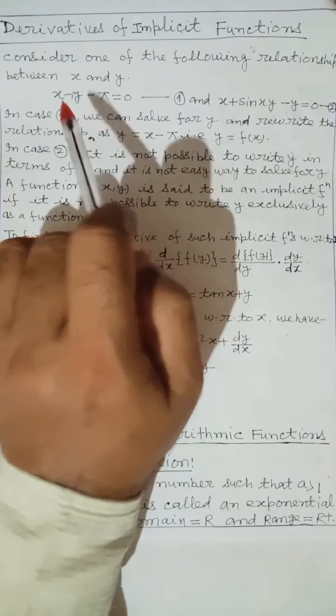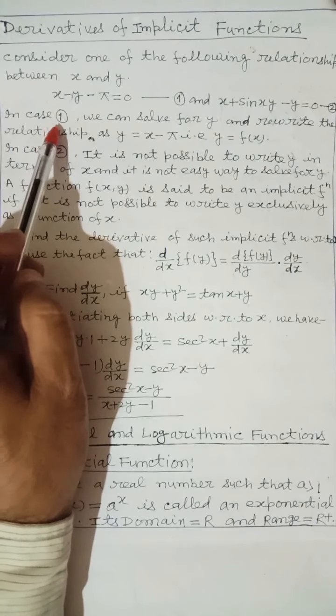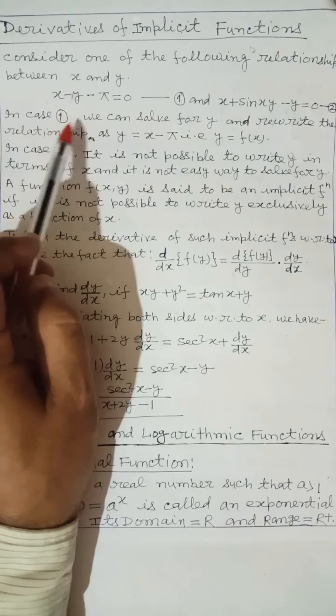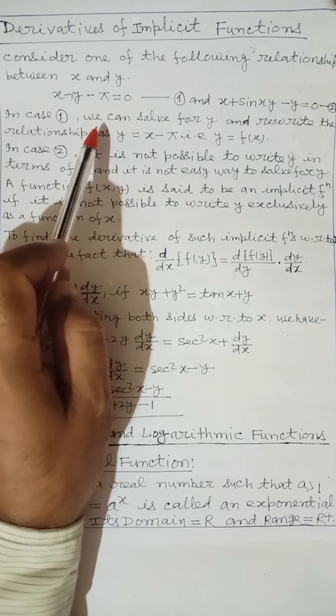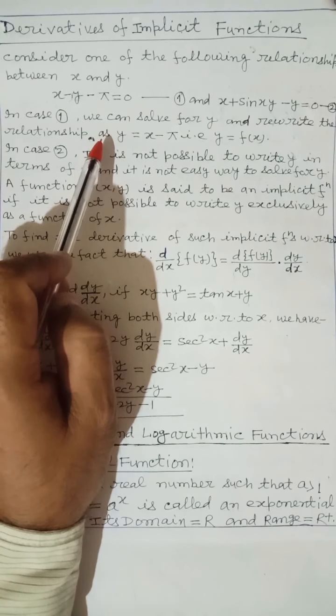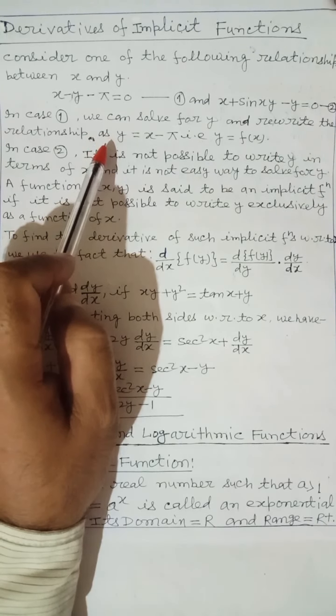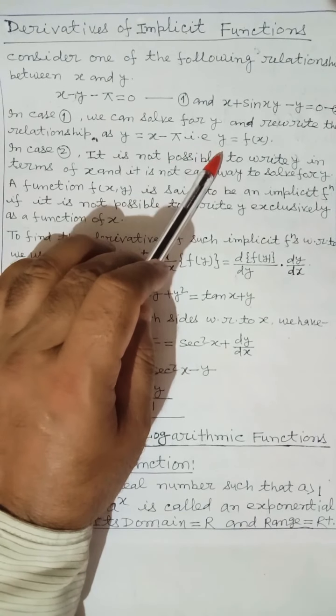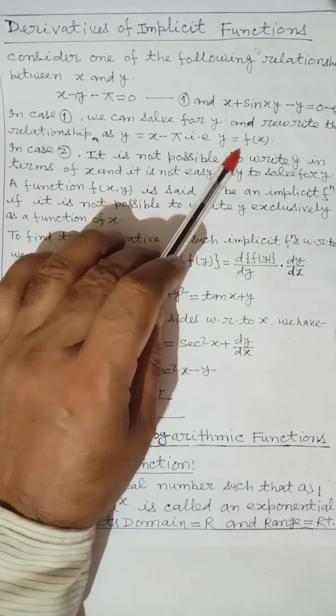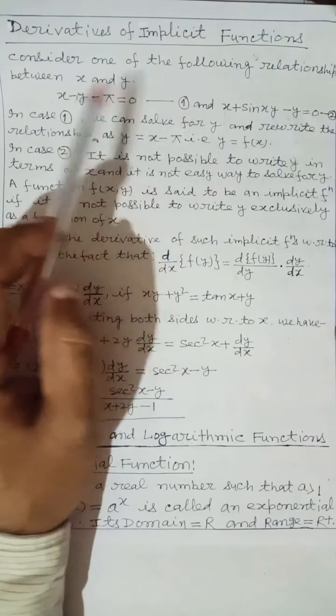Dear students, in case 1 we can solve the given relationship as y equal to x minus pi, that is y is equal to f(x).